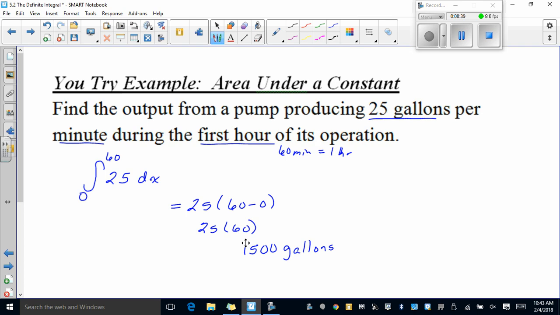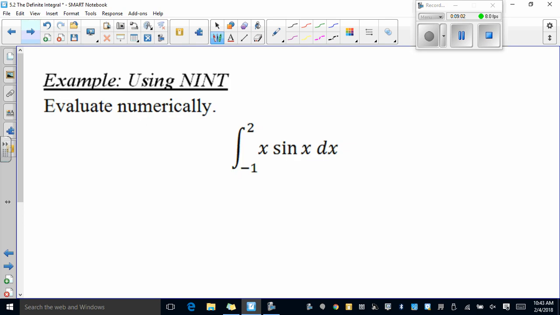Okay, we only have a few things left. Now, we've already covered section 5.5, so you guys already know how to throw these into the calculator. The only thing I have to say about this one is be sure you are in radian mode. And then for those of you who missed it or didn't watch the video and weren't in class, to put this in a calculator, you would do second.